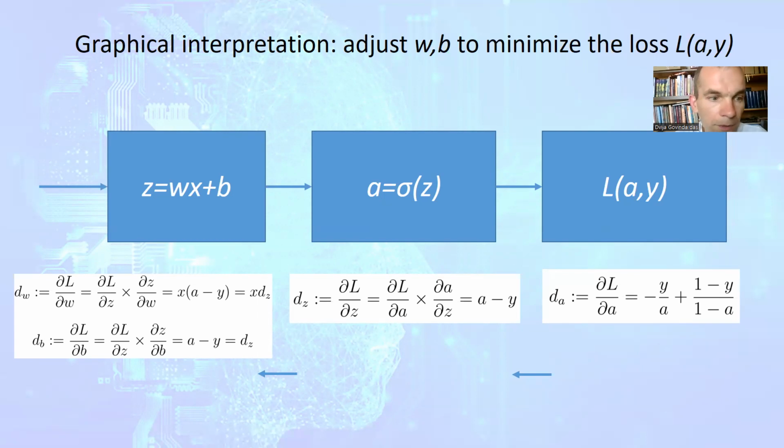And finally, we have expressions for the partial derivatives by w and b, which we denote here for compactness as dw and db. dw is equal to x multiplied by dz. dz is the partial derivative of the loss function by z, and db is simply equal to dz. So we can very efficiently calculate in this way the gradient of our loss function.